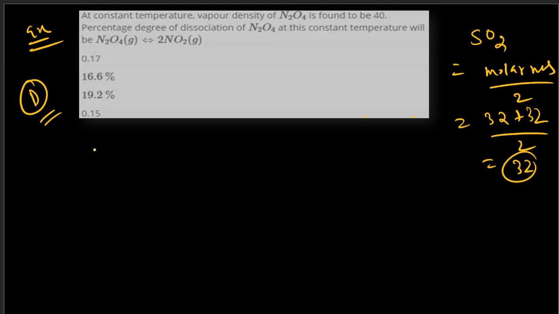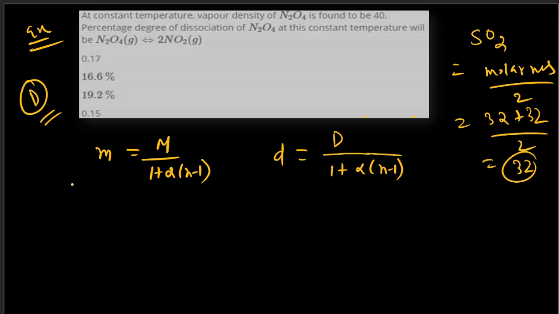So observed molar mass is M divided by the total number of moles present in the mixture at equilibrium, that is 1 plus alpha into n minus 1, and similarly for the density D. Here, they will give m, and alpha is not given, so you have to calculate alpha.